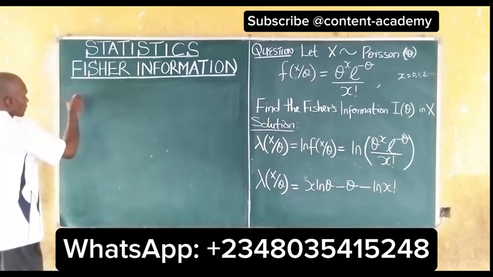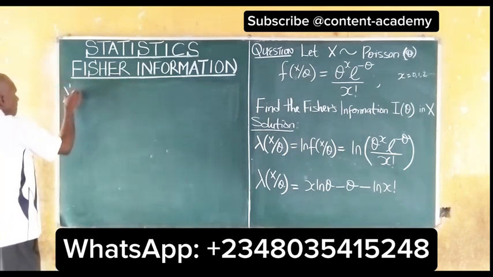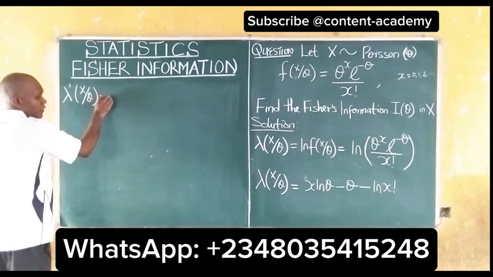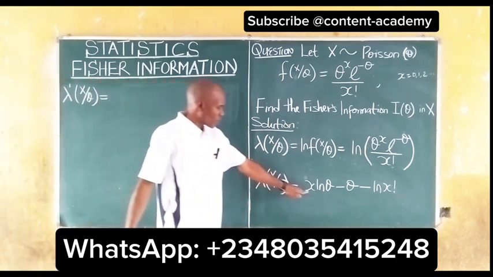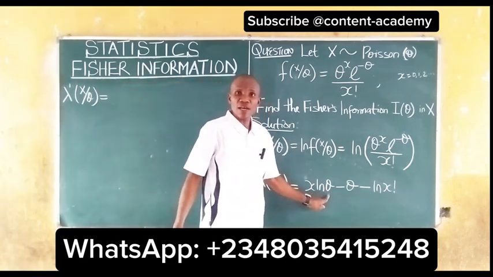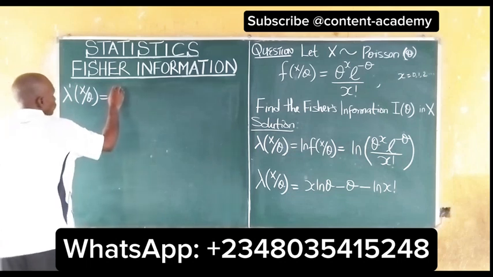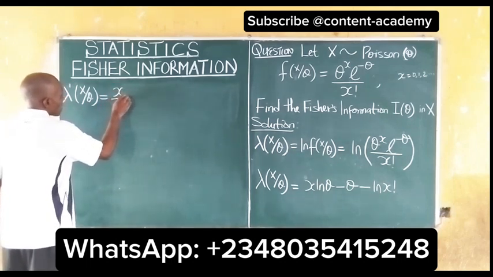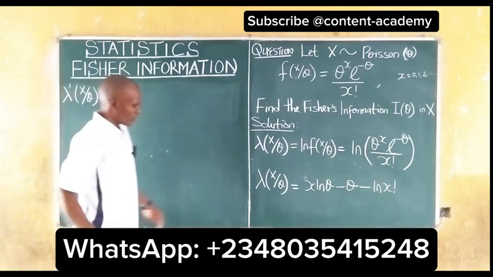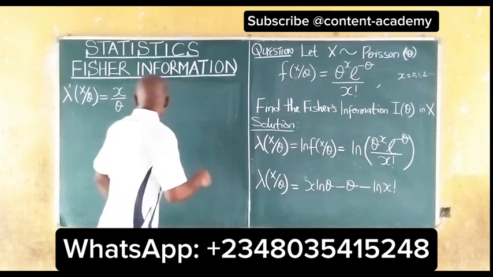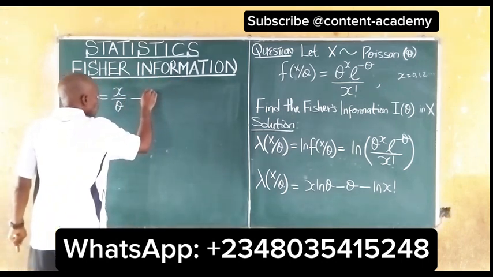The first derivative of our given function is equal to, if we differentiate x ln theta, we'll get x all over theta. So we write x all over theta. If we differentiate negative theta with respect to theta, we get 1, so we'll have negative 1.